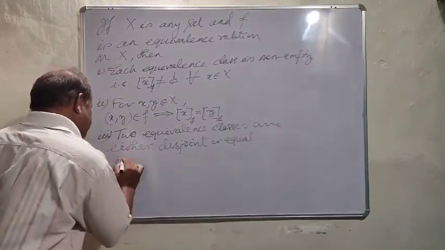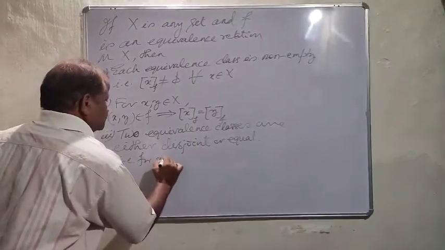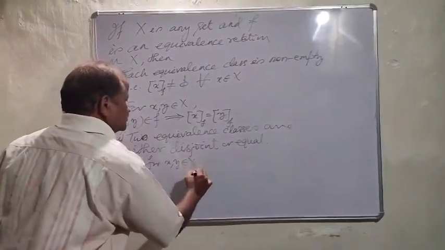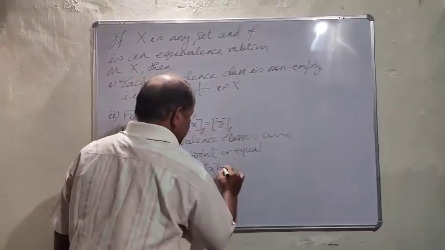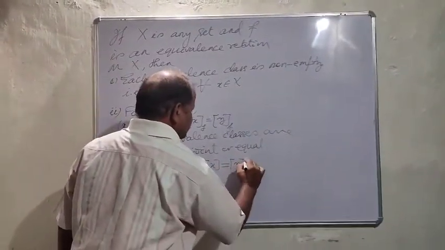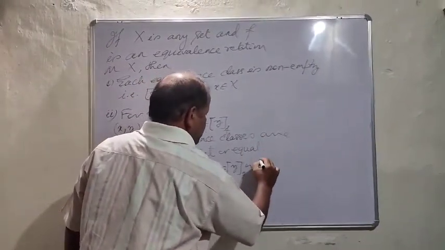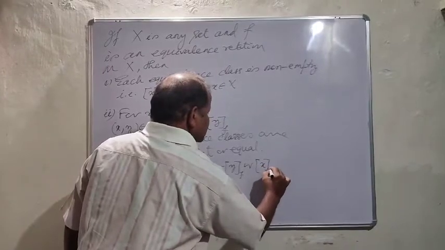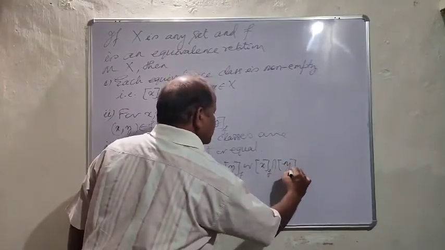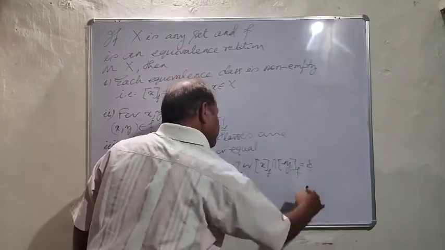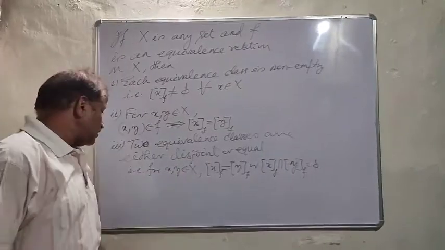That is, for x, y belongs to X, equivalence class of x is equal to equivalence class of y, or equivalence class of x intersection equivalence class of y is empty. Either they are disjoint or they are equal.